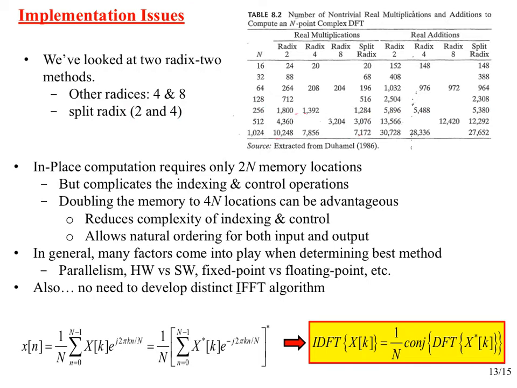I have to admit I don't really know what the ramifications are, but I'm guessing in these kinds of things you never get anything for free. So my guess is that as you go from Radix-2 to split radix, there's going to be something that you're paying for. It might be more memory locations. It might be more complicated indexing schemes. All of those things have to be taken into account.